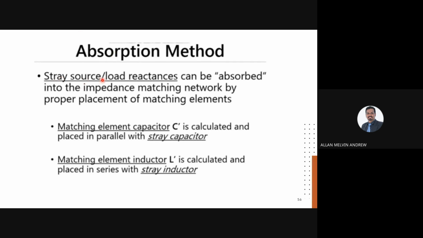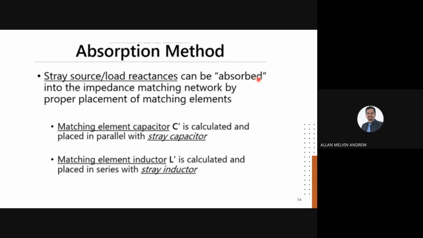So stray source and load reactances can be absorbed into the impedance matching network by proper placement of matching elements. A matching element can be a capacitor, which we place in parallel, or an inductor, which we place in series. By using this, we can perform absorption of the component.